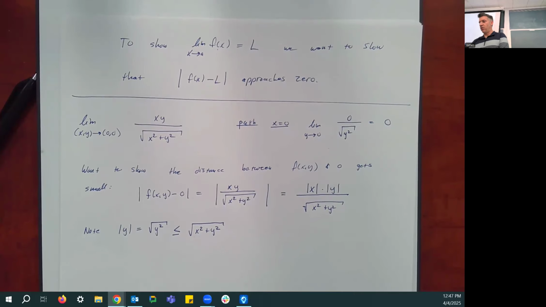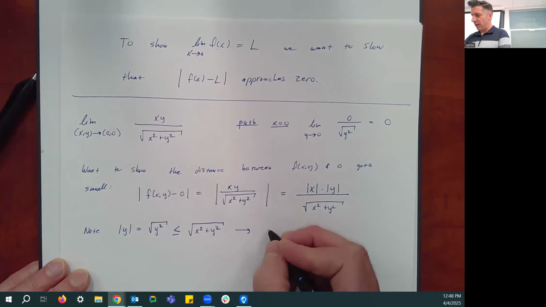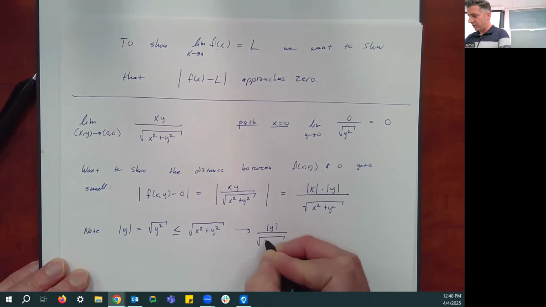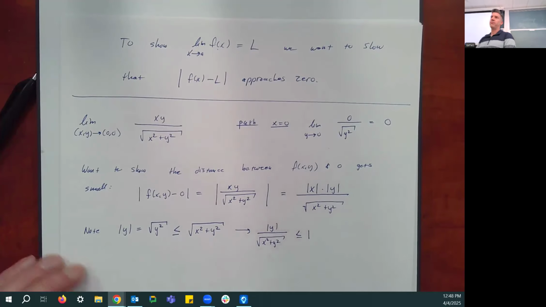I like to do it a slightly different way. Instead of just saying this part is less than or equal to that, I like to go in this direction and say that means that the absolute value of y divided by the square root of x squared plus y squared has to be less than or equal to 1. Right? If a number is less than another number, then that number divided by the other number has to be less than 1. And bigger than or equal to 0 because everything here is non-negative.